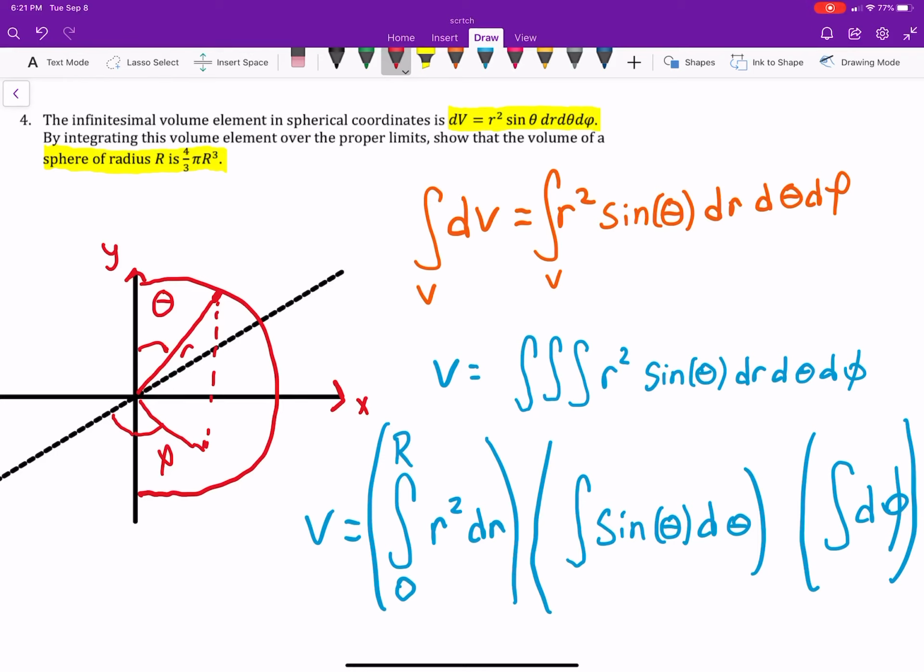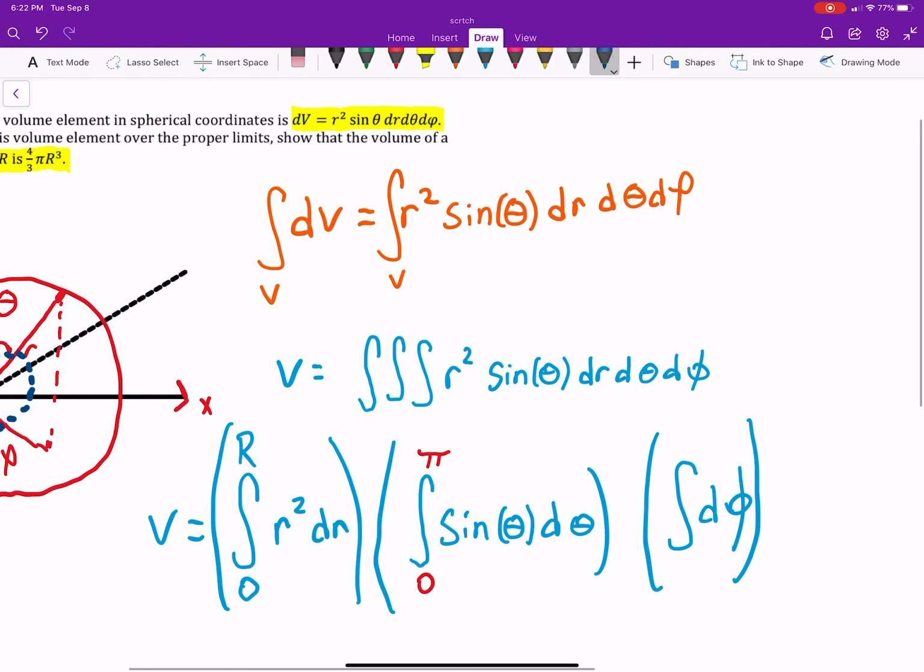And that's half a circle. So that's going to go from 0 to pi. Meanwhile, phi, it goes here, but it can sweep around 360 degrees. So that's going to be 0 to 2 pi.